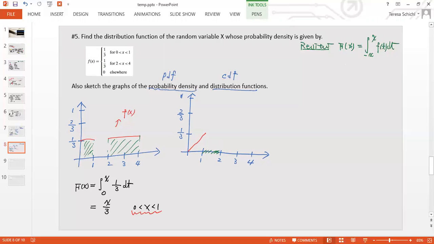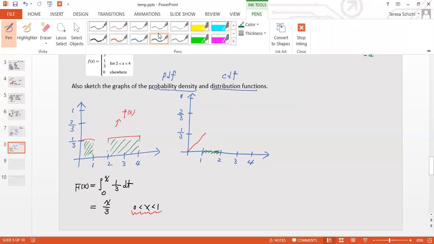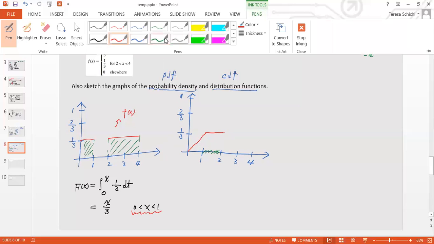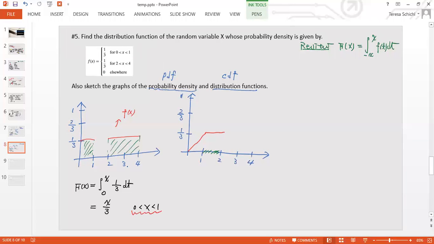So that means my f of x, my CDF, has nothing to add, correct? So from 1 to 2, my CDF will stay flat. All right? So my CDF will stay flat at 1/3. Okay, so understand that?